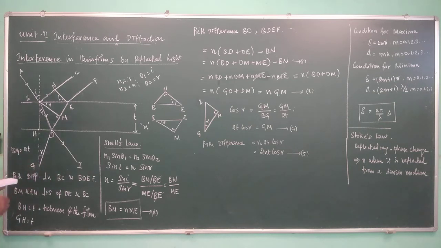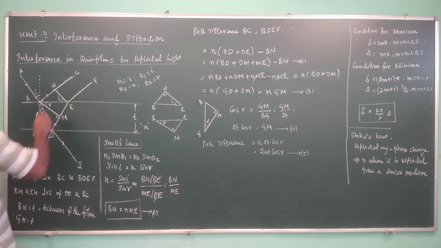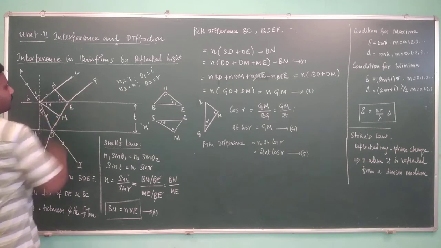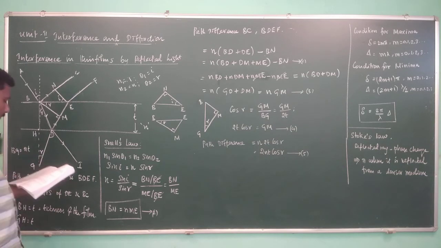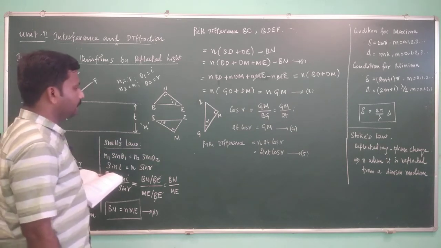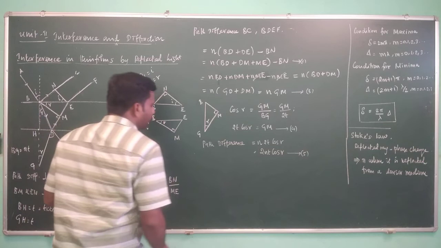Now for BC and EF, what is the net path difference in terms of lambda?